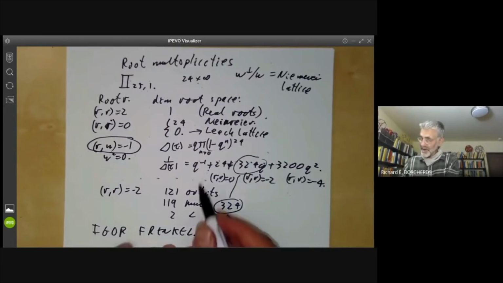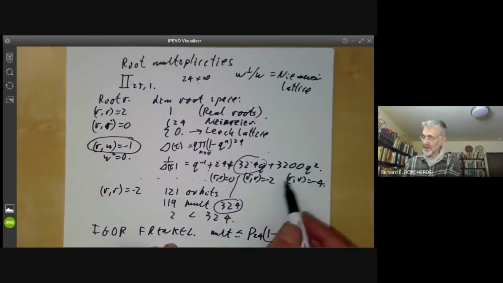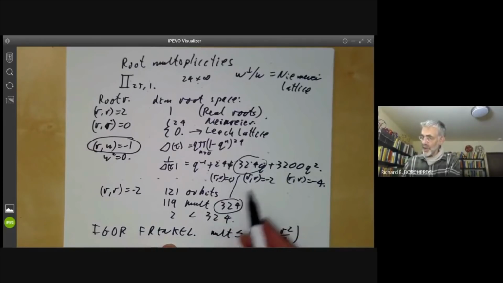But he had also gone further, and he had shown that for any root R, the multiplicity is less than or equal to p24 of 1 - R^2/2, where p24 are these coefficients here. So he showed that these numbers were an upper bound not just for norm -2 vectors, as I'd found by this huge calculation, but he managed to prove this was an upper bound for all vectors.